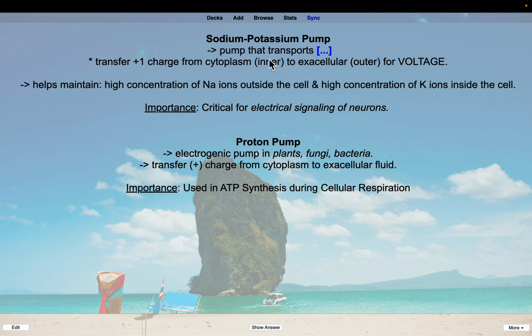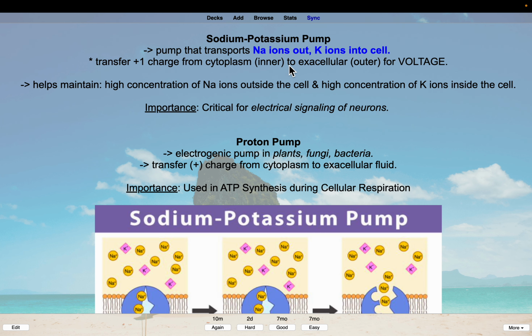Sodium potassium pump. This is the pump that transports sodium ions out and brings in potassium ions into the cell. So there is basically a transfer of one positive charge from the cytoplasm, that's from the inside, to the outside for voltage.